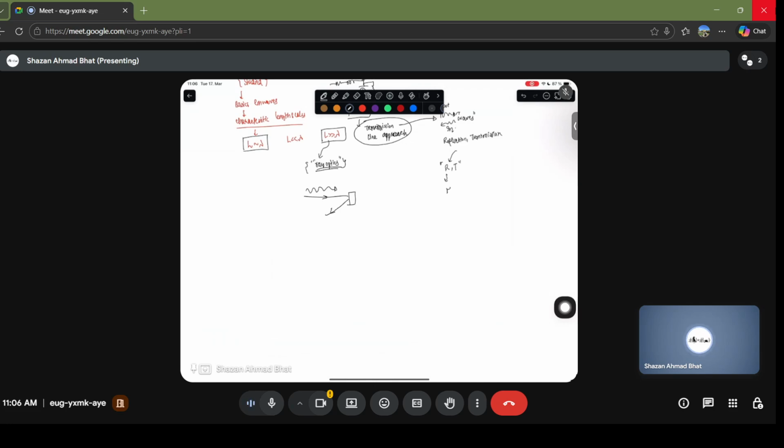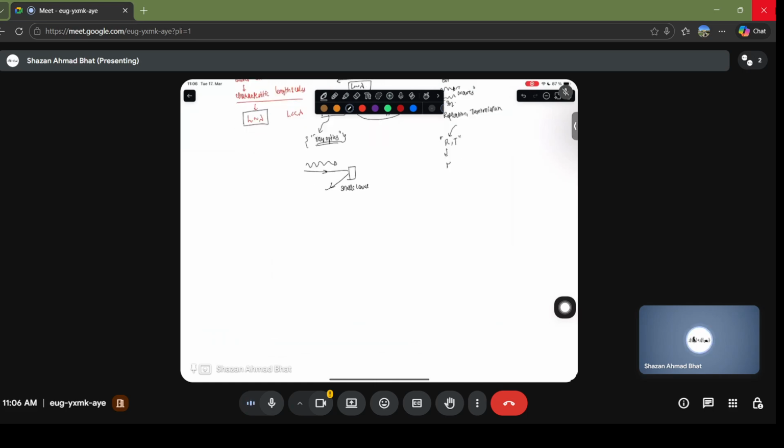It's also getting reflected, and you can apply Snell's laws, laws of refraction, and all other laws for this particular domain. And for this particular domain, you have the lumped circuit regime, which I believe was not discussed in this course till now.